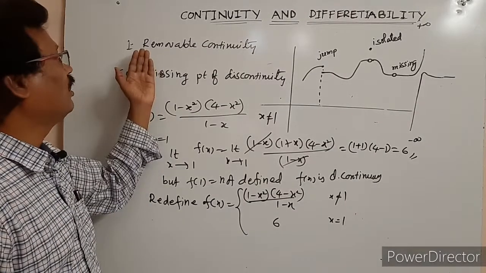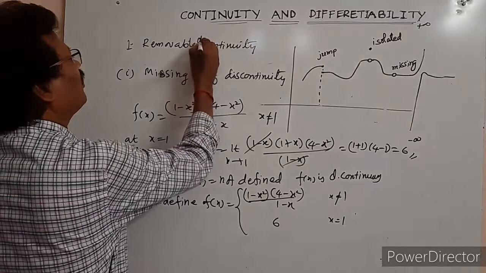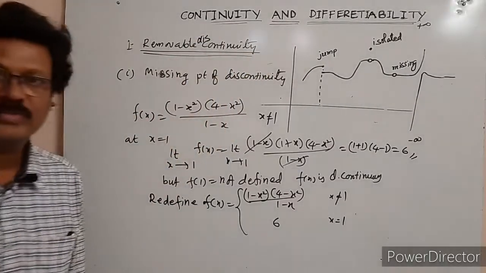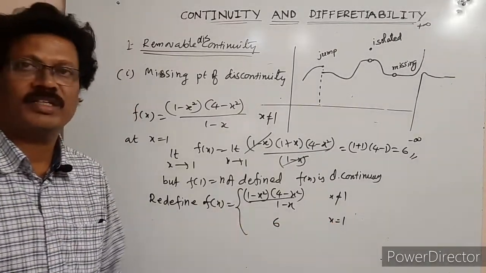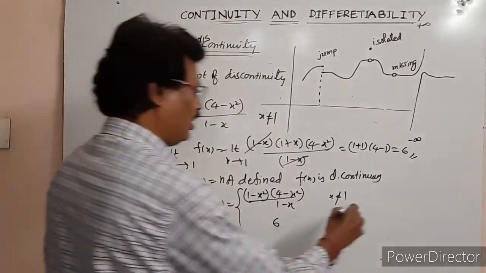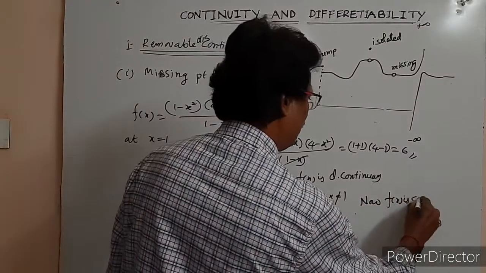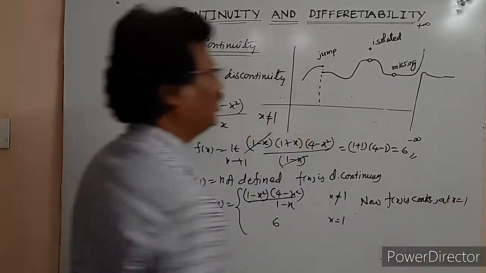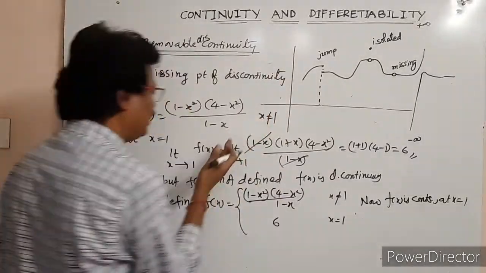This is called removable discontinuity. We can remove the discontinuity by redefining the function. Therefore, now f of x is continuous at x equal to 1. Therefore, this missing point of discontinuity comes under removable discontinuity.